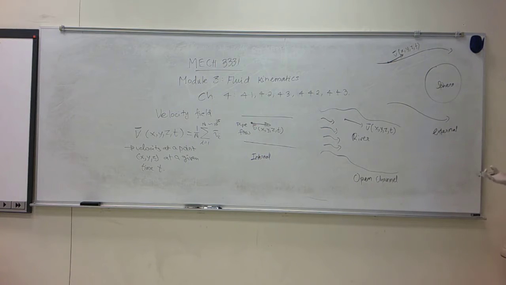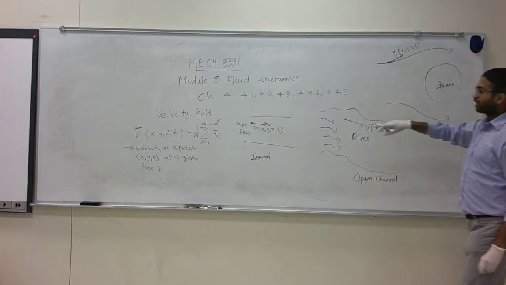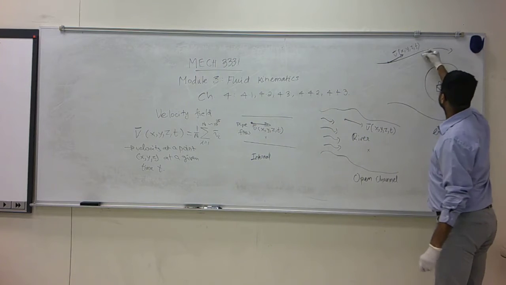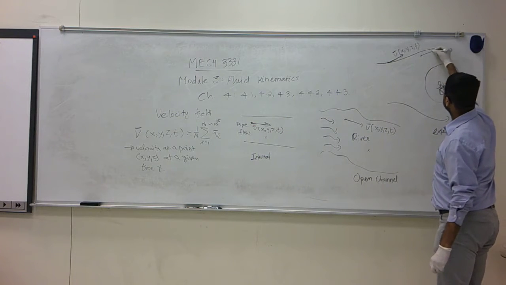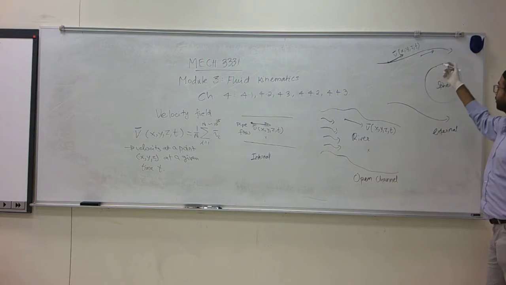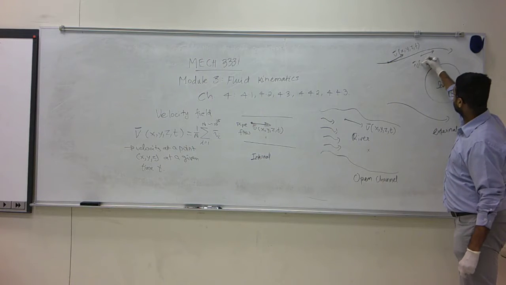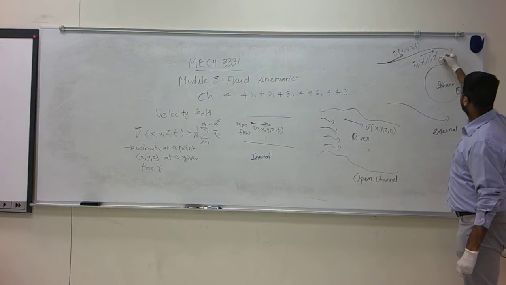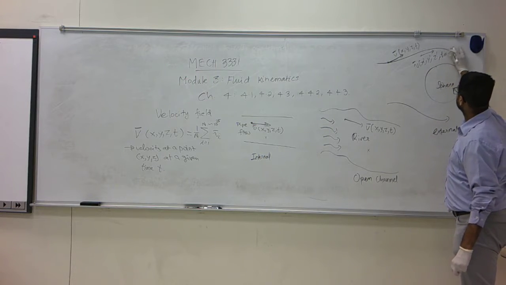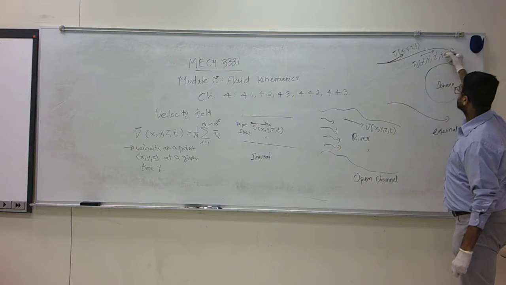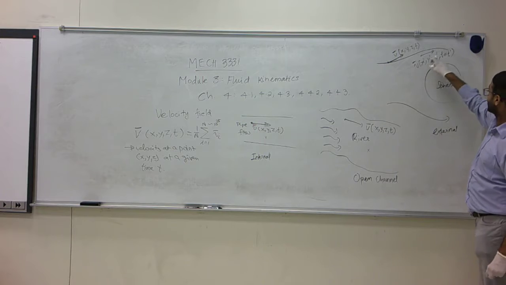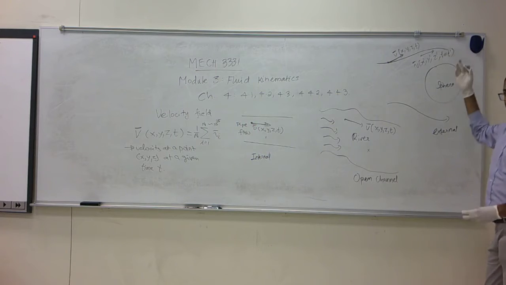Now, if you choose another point, then obviously the velocity will be different. It's at a different point, which I can write as x dash, y dash, z dash, at the same time or some other time. That is, while I am looking at this point, I can also look at another point at the same time or at a later time.